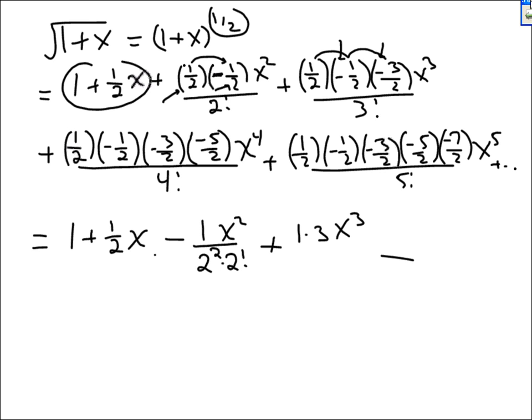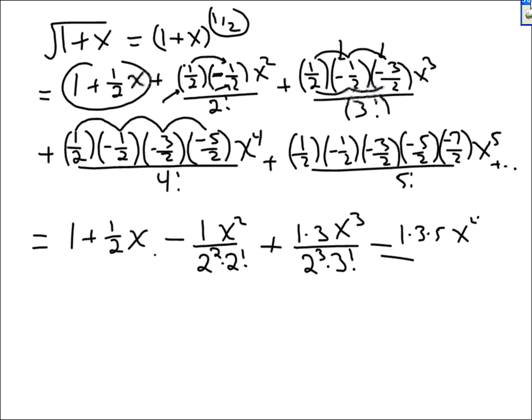And you have x cubed, and you are multiplying 2 by itself 3 times, the 3 factorial that's on the bottom, minus 1 times 3 times 5, x to the 4th, and on the bottom we are multiplying 2 by itself 4 times, and then we're dividing that by 4 factorial.